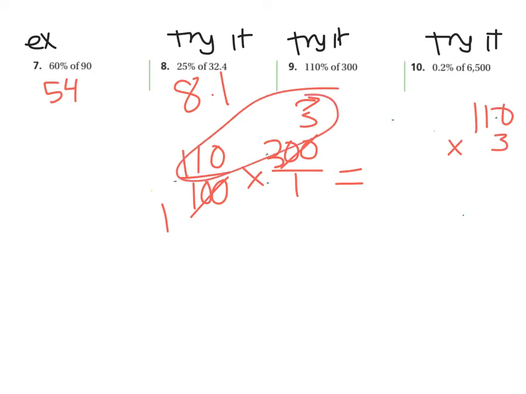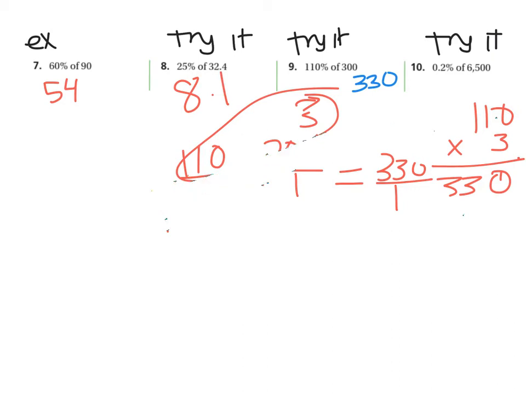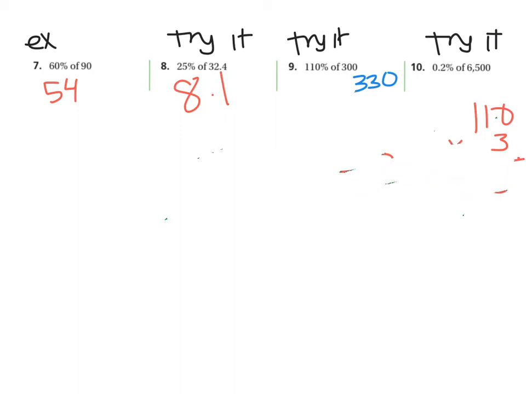I just multiplied those. 330 over 1. So my answer would be 330. And there's lots of ways to solve this. You can definitely use the bar model if that works better for you. Just like I said, practice, practice, practice.